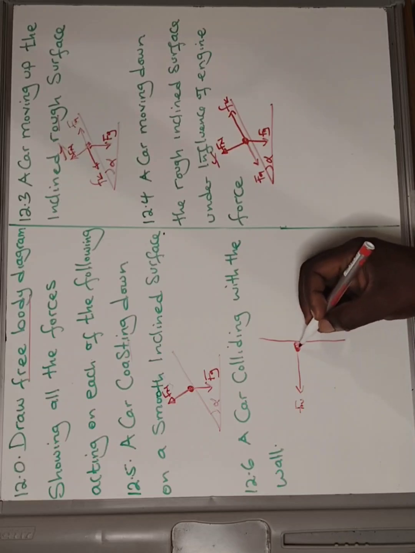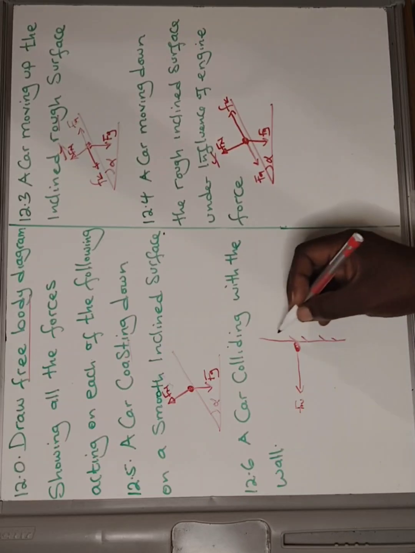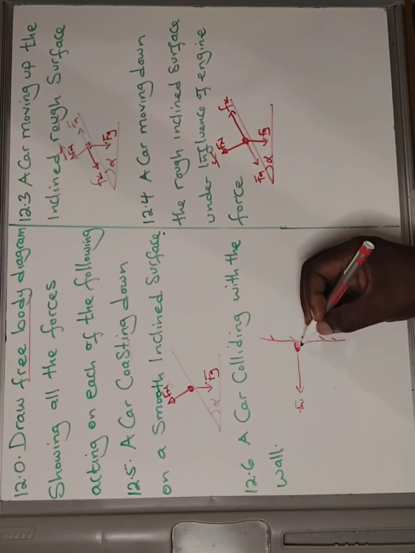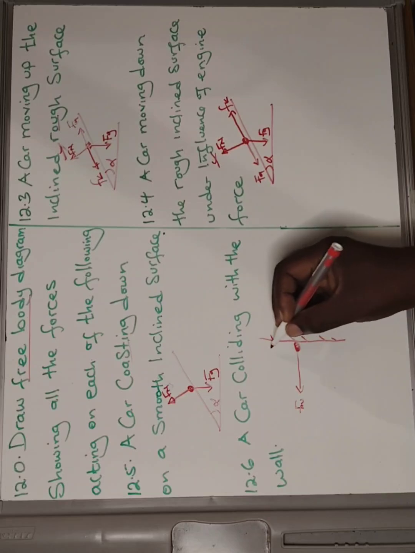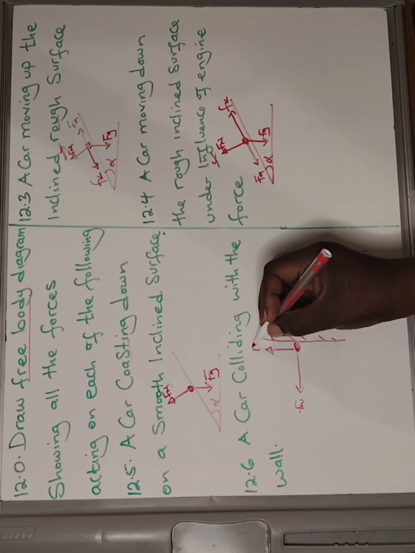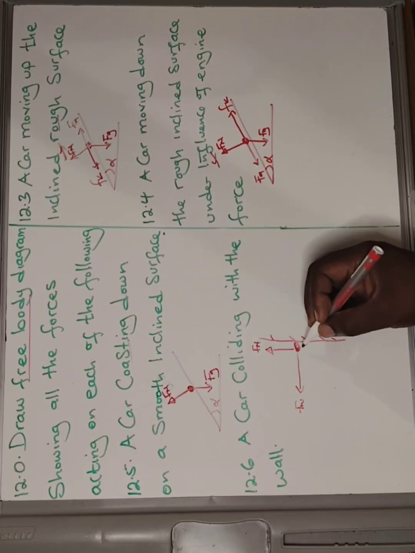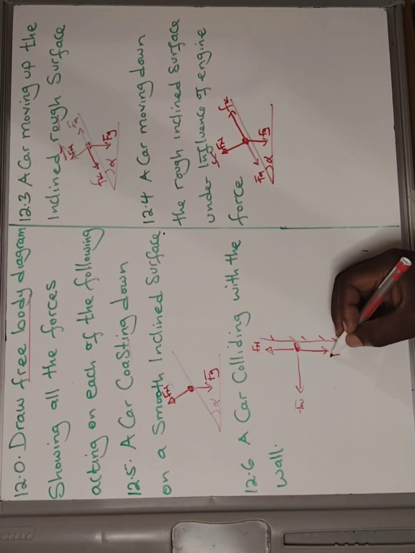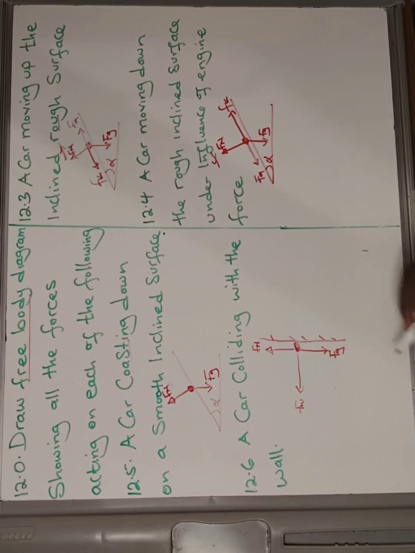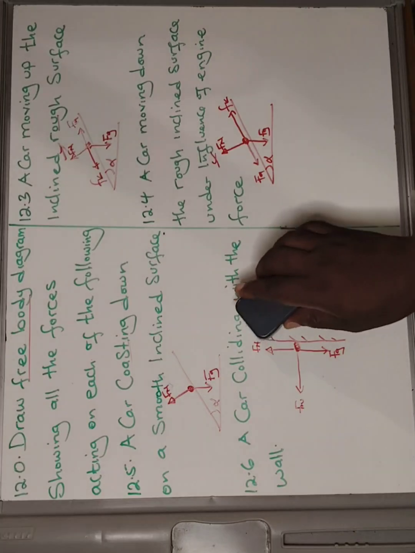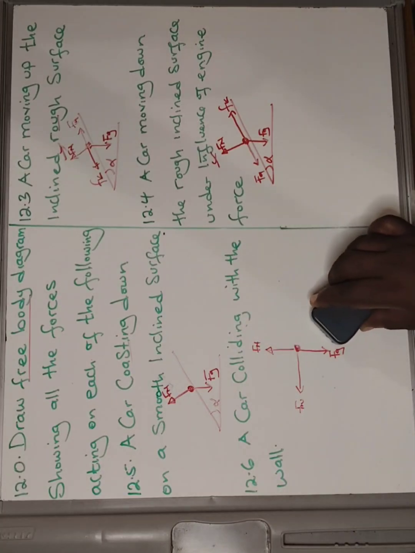Next, the car is sitting on the ground, so it has normal force. And there's traditionally gravitational force acting vertically down. So those are the forces we have which are acting on the car. For that, we can take away the wall and our diagram becomes clear.